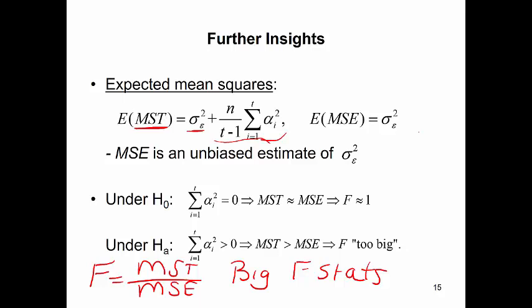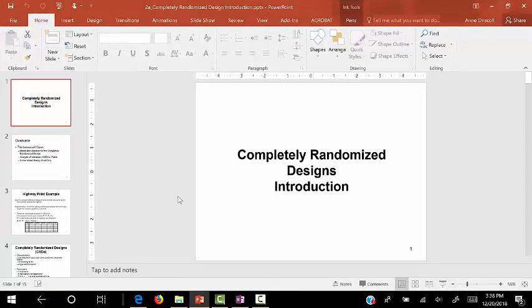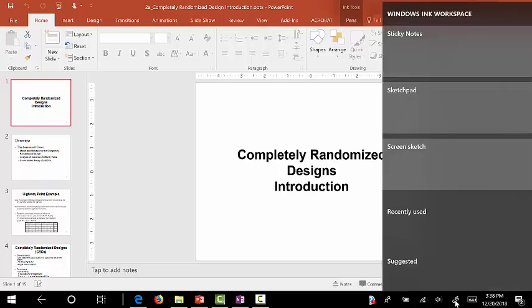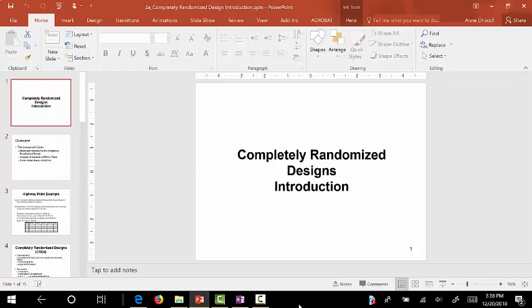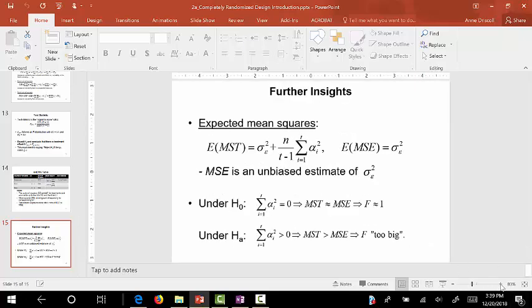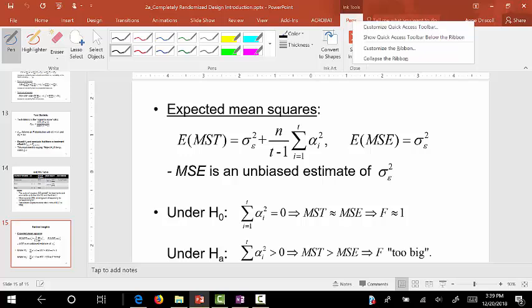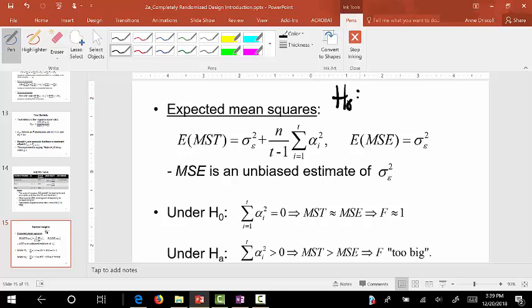Okay? So if you think about your hypothesis, our null hypothesis for ANOVA, let's go back. Sorry. So if you think about your null hypothesis, you have H naught, right?